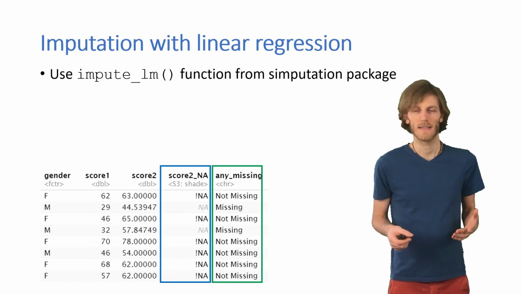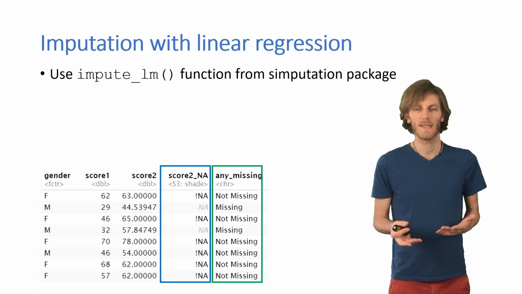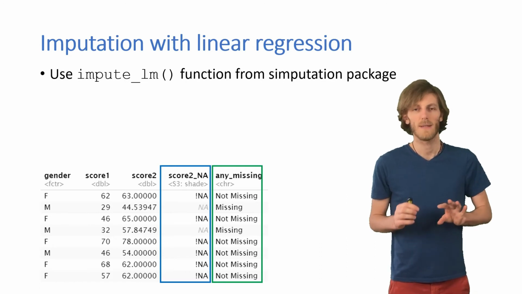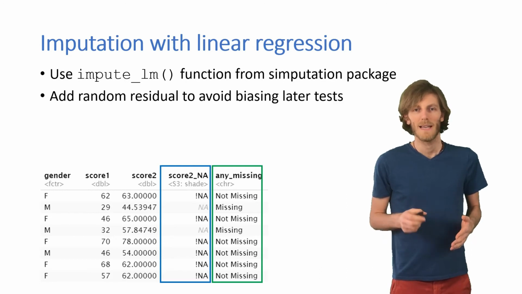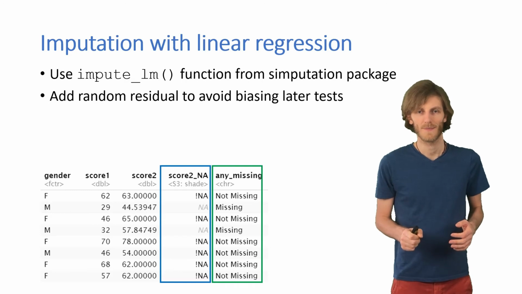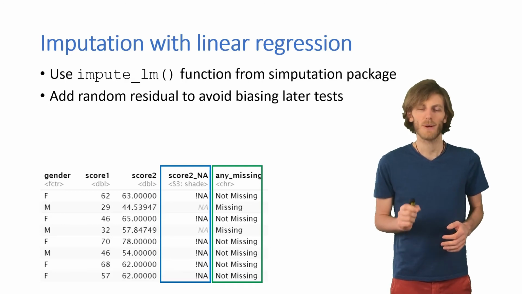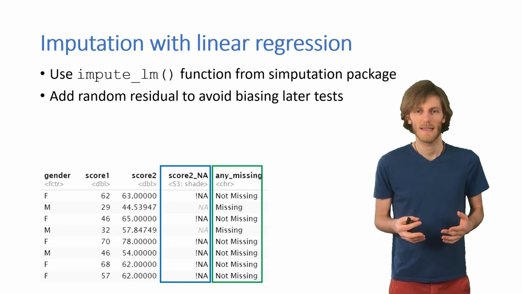The simputation package has lots of functions for imputing data with various methods, but let's keep it simple and use a linear model. We want to add a random residual to our imputed values, and that's important because if we don't do it, we start introducing bias. I'll get back to that in a moment.